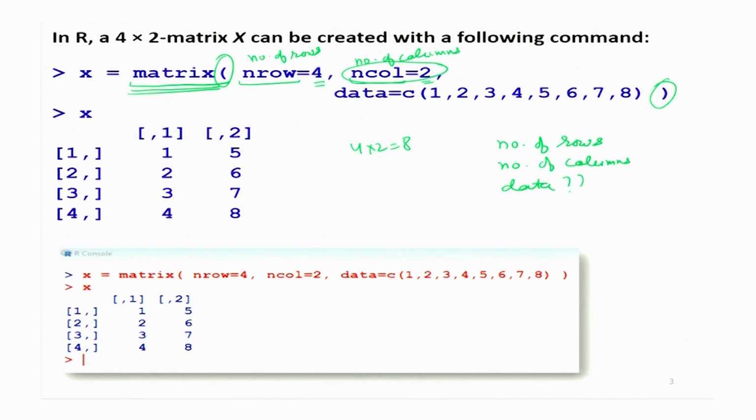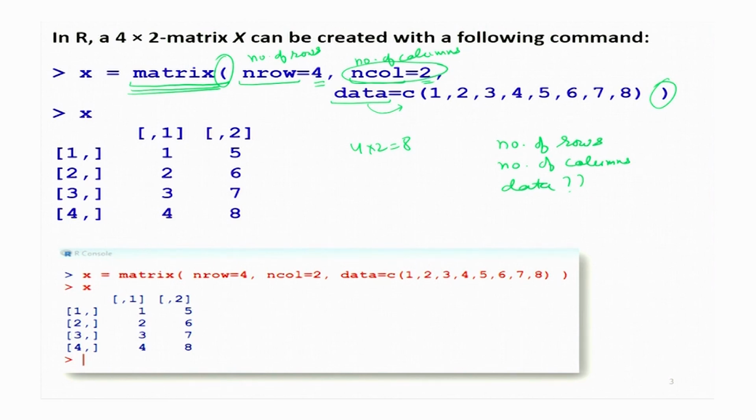In order to give the input data inside the matrix, we have the command data. After this you have to write data is equal to, and then you have a couple of options: you can give the data in the form of a sequence, individual values, or in continuation, etc.